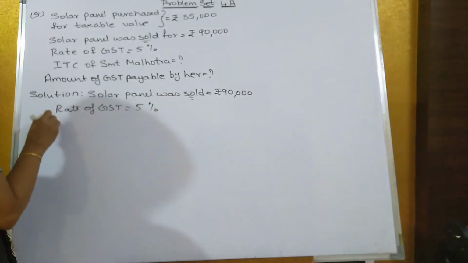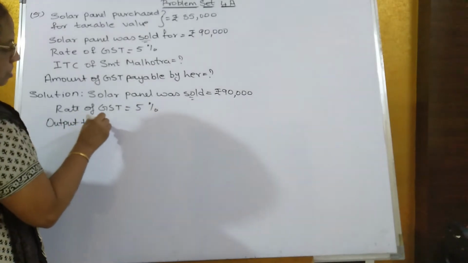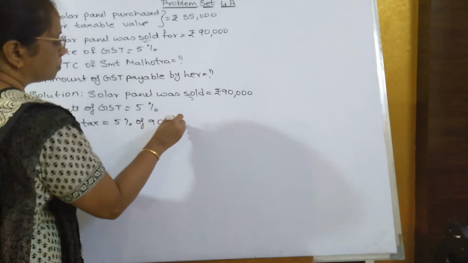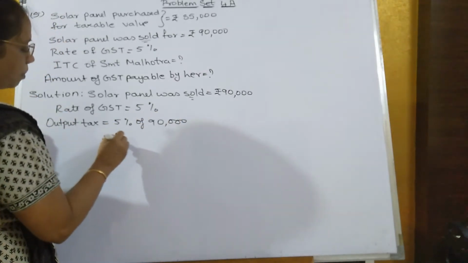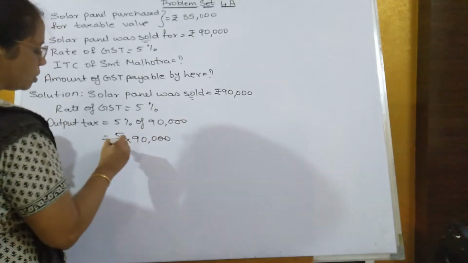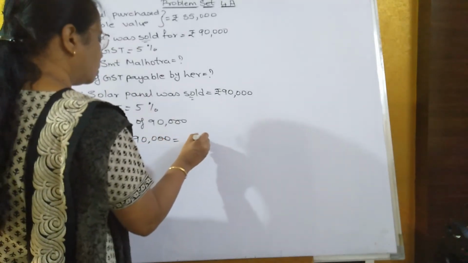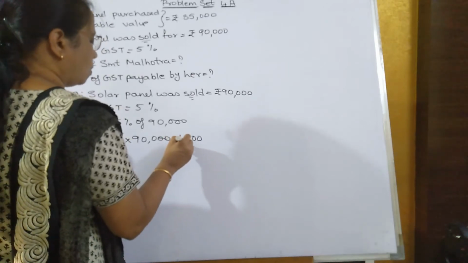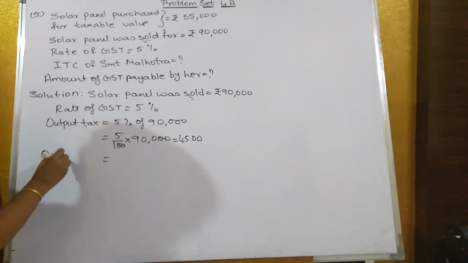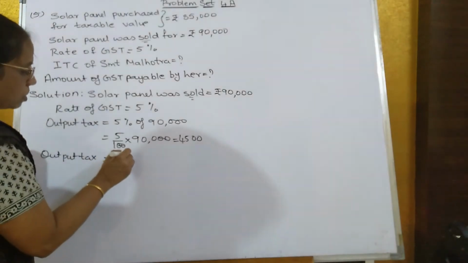Output tax is equal to 5% of 90,000, that's equal to 5 upon 100 into 90,000. Two zeros will go away. That's equal to 4,500. So output tax is equal to rupees 4,500.